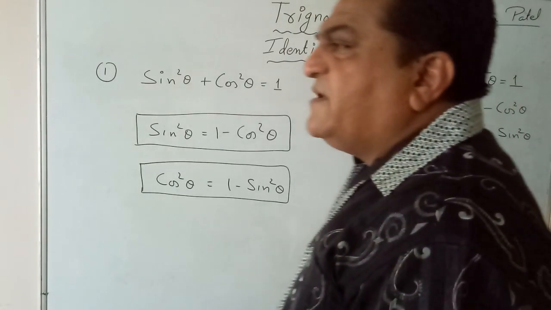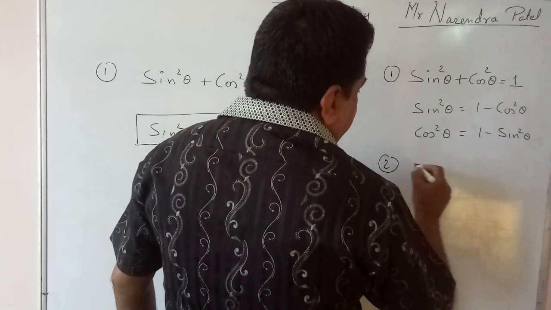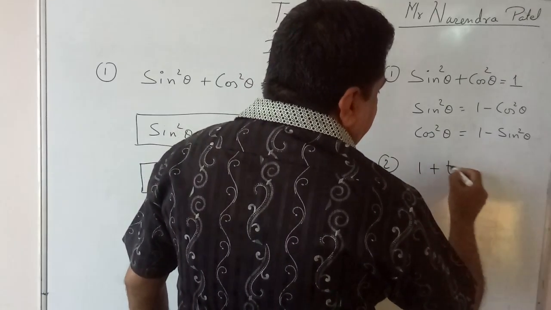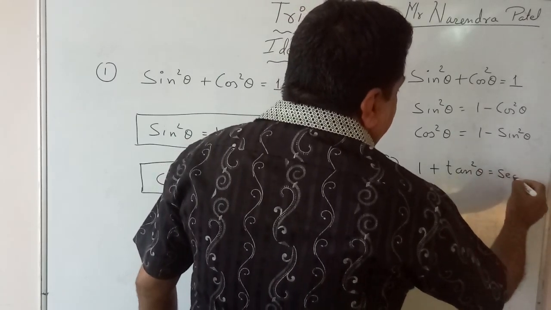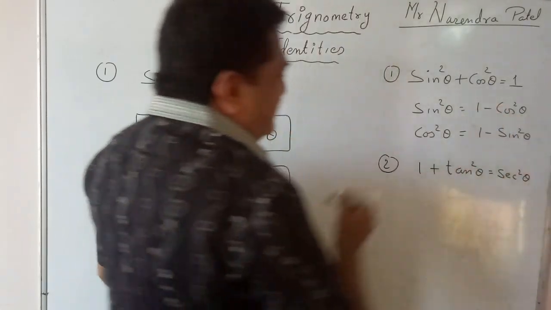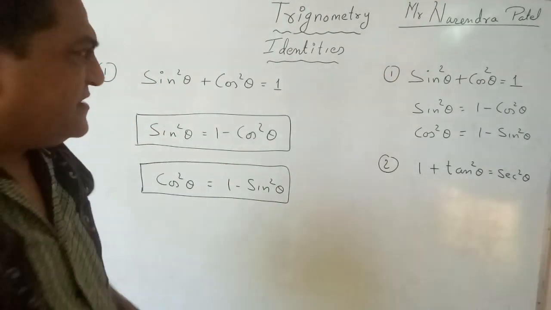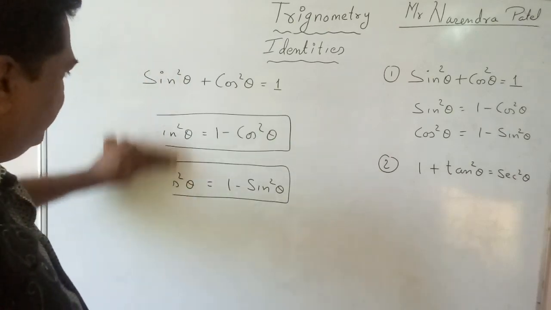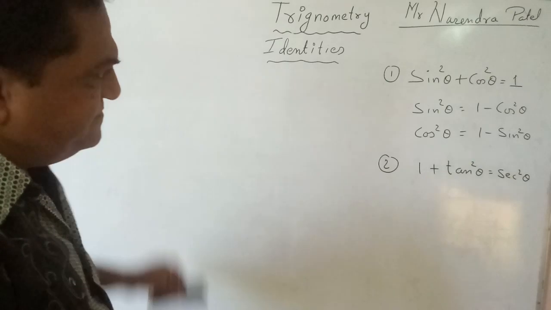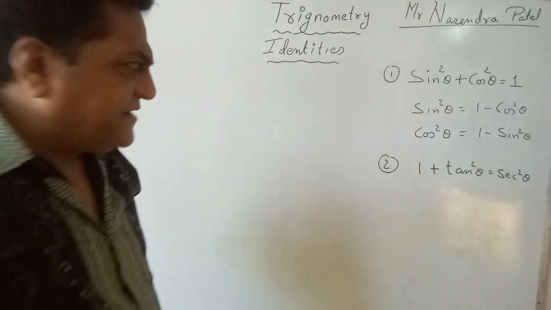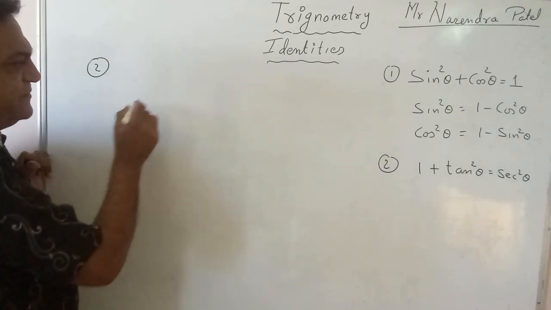Now let us go to the second identity, that is 1 plus tan square theta is equal to sec square theta. This is the second identity, and this identity I will prove for you. You have to watch it properly and prepare it. The second identity I am going to prove.